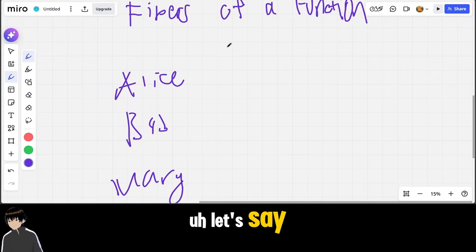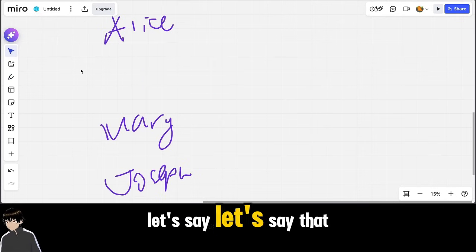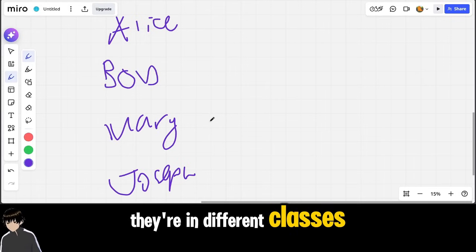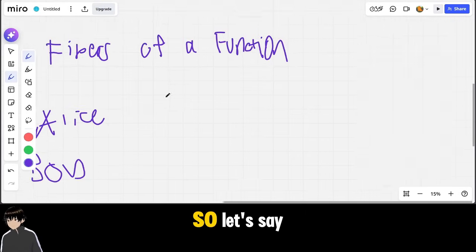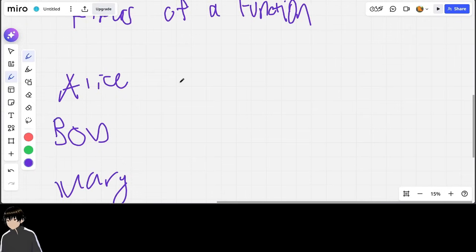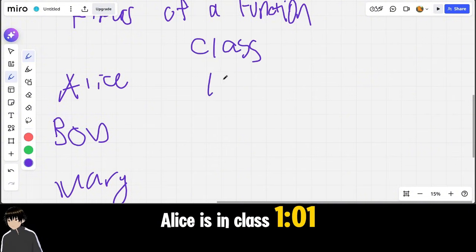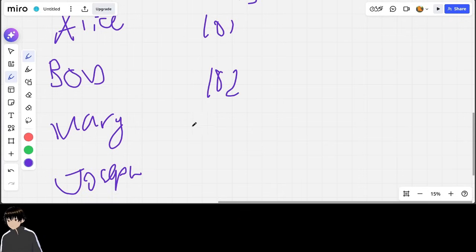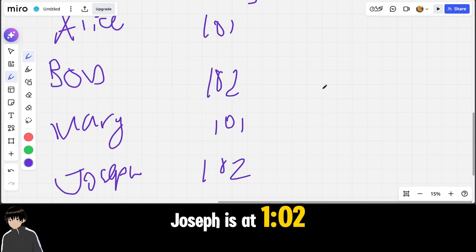Let's say these people are in school. They're in different classes, in different classrooms. Let's say Alice is in class 101. Bob is in 102. Mary is in 101, and Joseph is in 102.